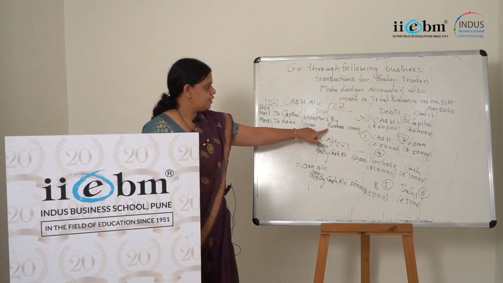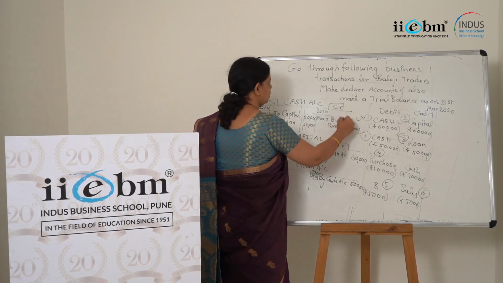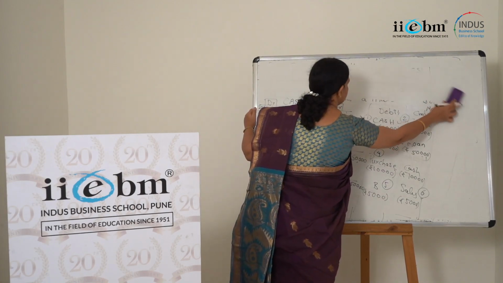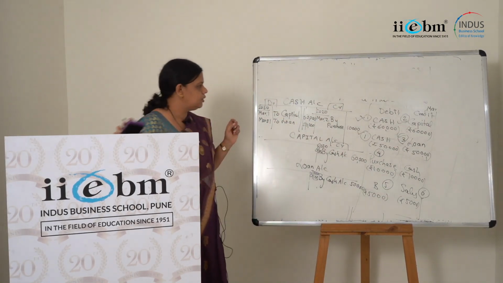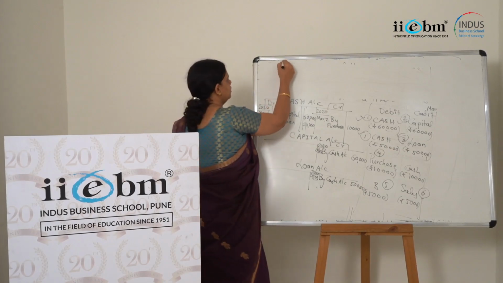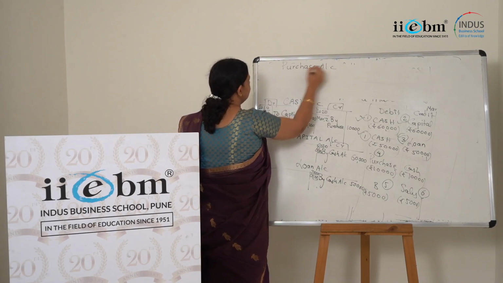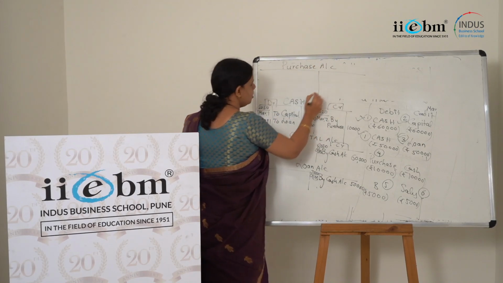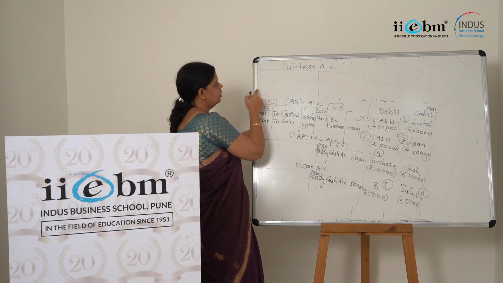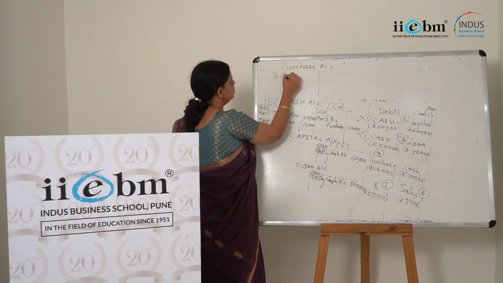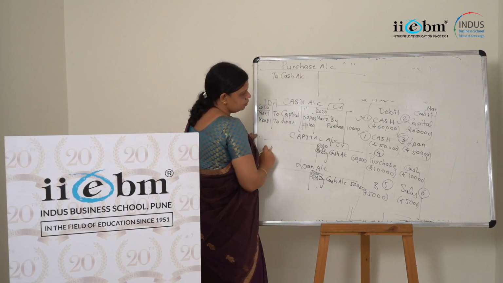Okay. Now where should I write down this purchase? I'll make another account for purchases, right? Purchase is debit or purchase is credit? Purchase is debit. So I'll write down here purchase account. On the debit side, I'll write down to cash account.